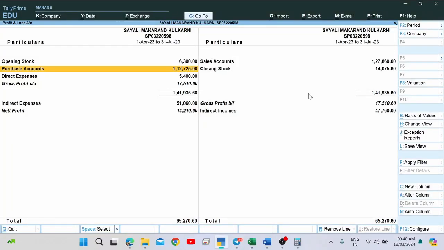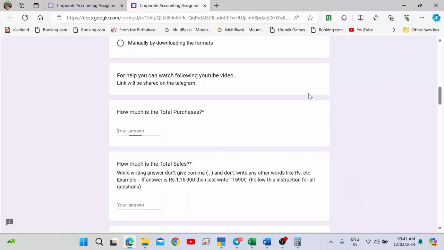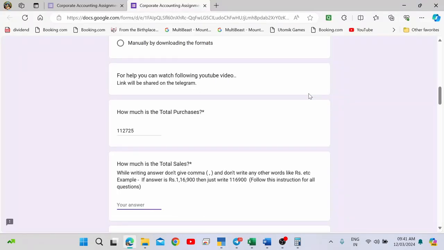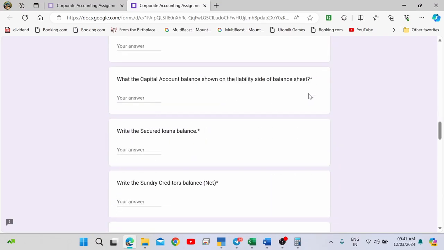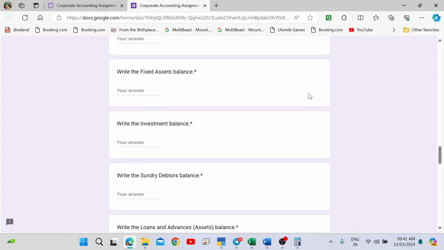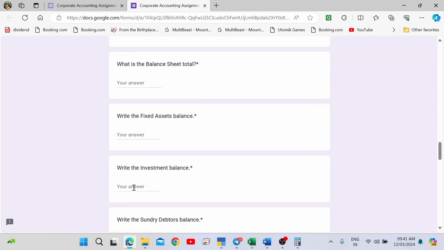Cannot copy, I think. 1,12,725. Then total sales, similarly, 1,27,860. Like this, you can type these figures, debtors figures, investment figure, investment balance.